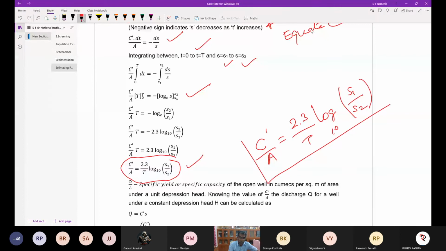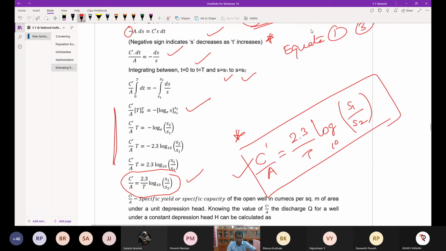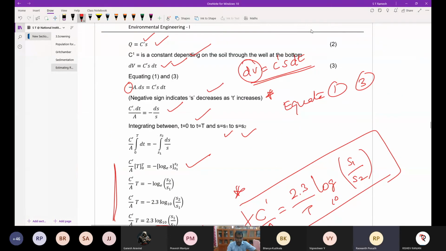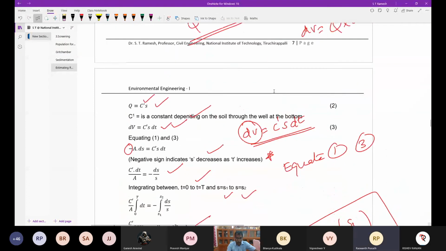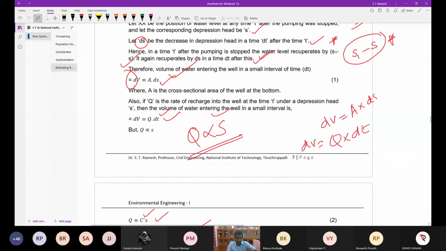You can look into the derivations later; these are simple rearrangements after integration and substitution of limits. Just remember to equate 1 and 3. Equation 1 is the total volume of water entering the system, equal to A ds, where A is the cross-sectional area of the well.